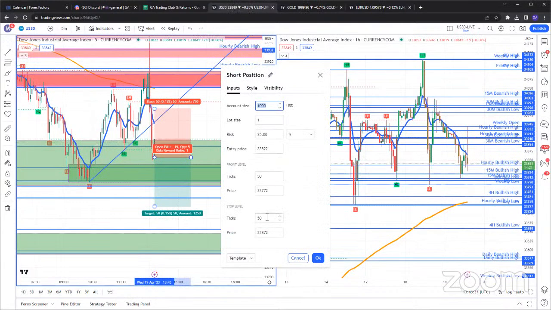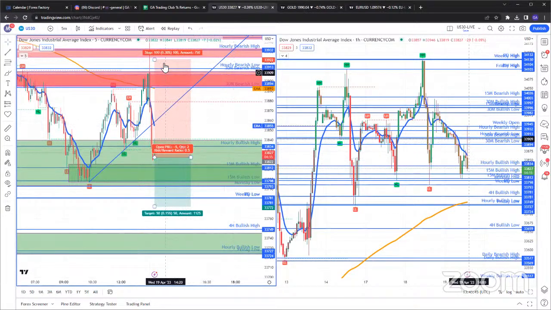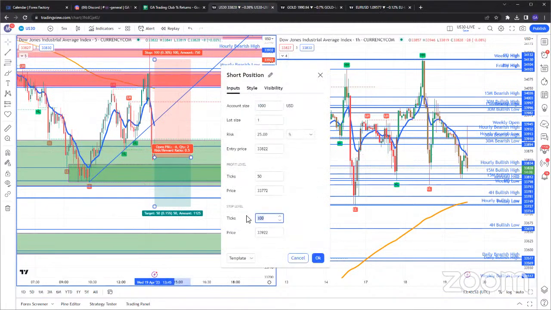If you're already in the trade with 50 pips stop loss and TP, that's fine. I'm in the trade with 50 pips stop loss and TP, but this is the beauty of 100 pips. Stop loss would have been within a supply zone, above the hourly bearish high, but I'll just leave it at 50 for now.